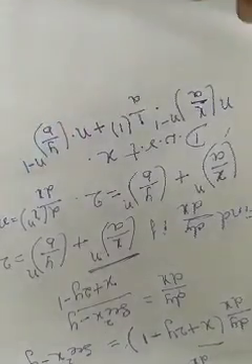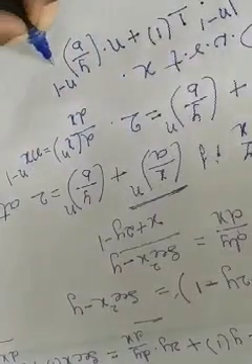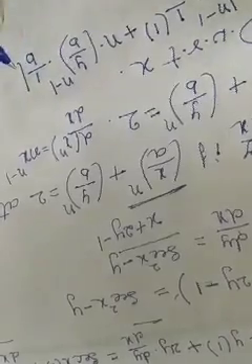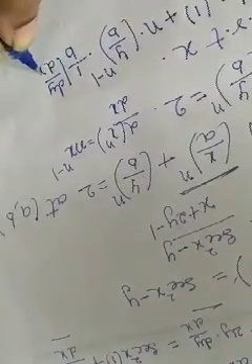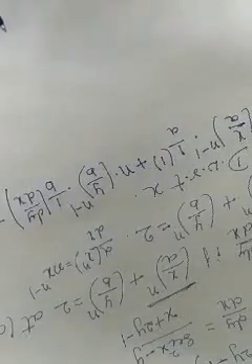You differentiated the power. Now we have to differentiate y by b into 1 by b. Y derivative is dy by dx. Constant derivative is 0.